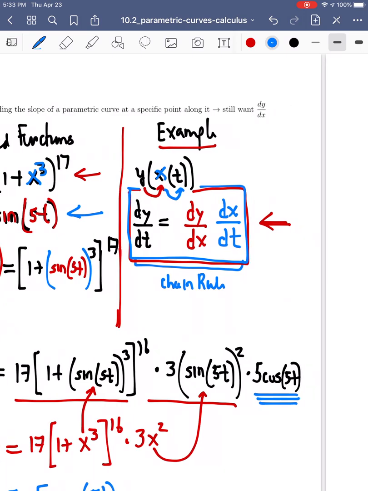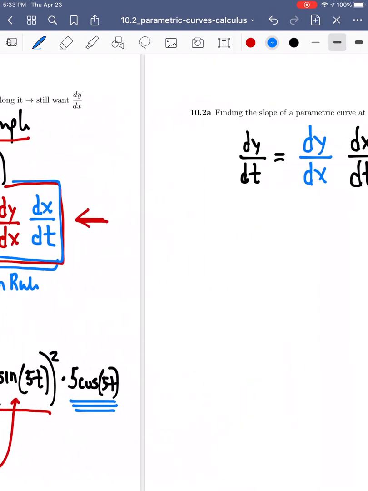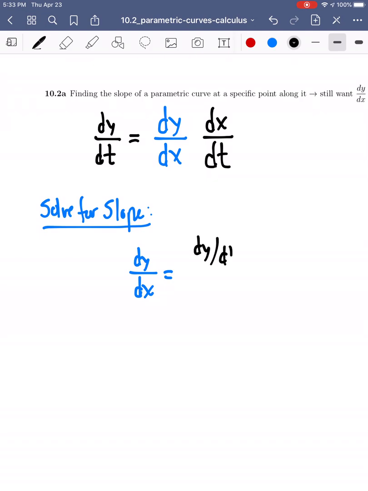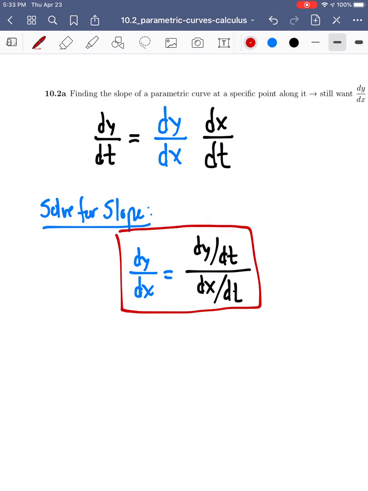And well, if we care about the slope dy dx, we can just go ahead and solve for it. And we get that dy dx is equal to dy dt all over dx dt. And that is our slope of a parametric curve.